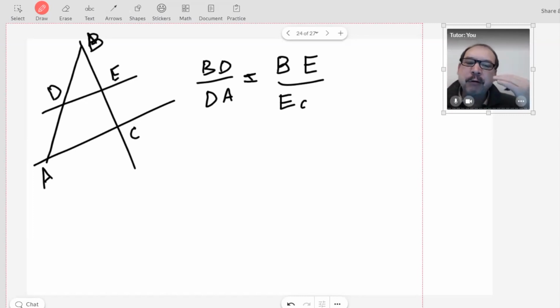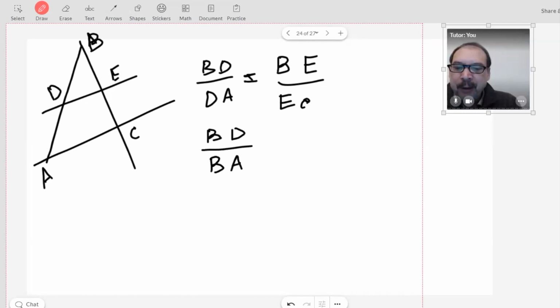This is our knowledge. However, based on the same strategy which was used to prove the theorem, we could prove other relationships. For example, BD over BA will be equal to BE over BC.